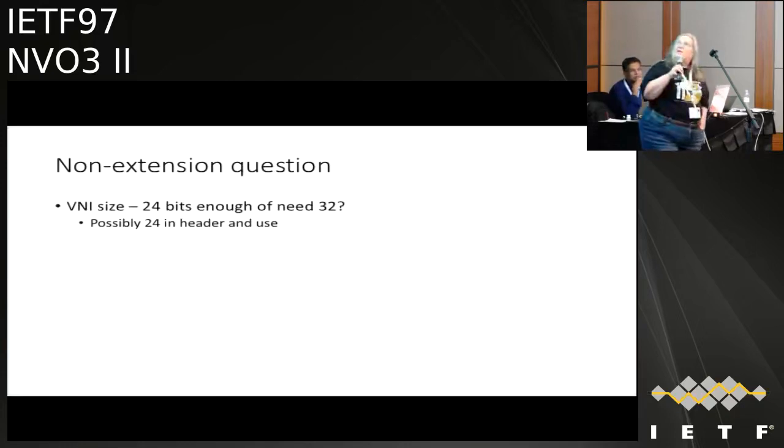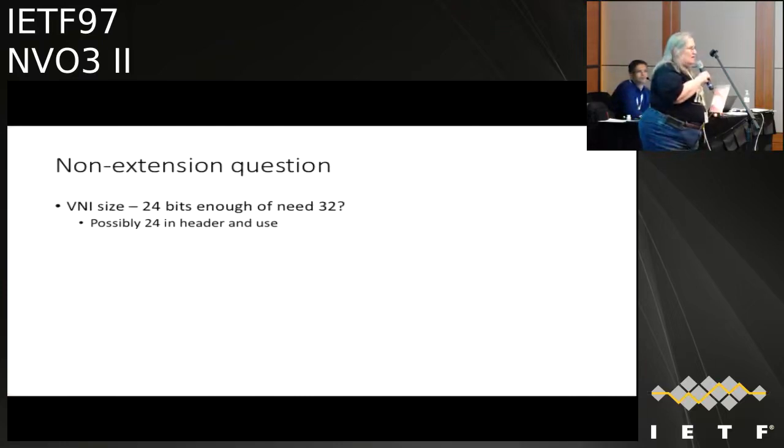Yeah, so I think a couple of things that I put early on in the slides where I thought there was pretty good consensus were things like that we need a length, and we need a way to say some of the extensions are extensions that should go first because they're extensions that are more likely to be processed in hardware, and there was definitely a pretty strong input to especially put any tunnel stitching extension in front.